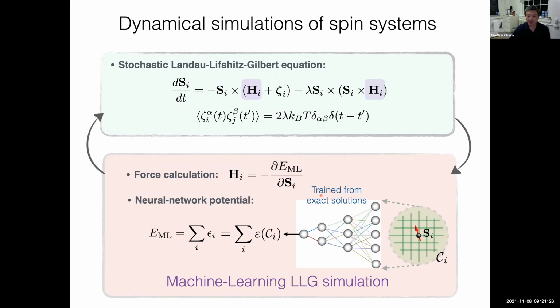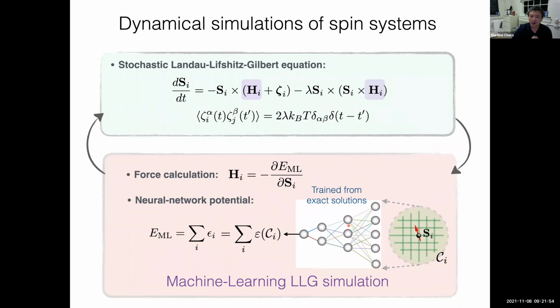And most importantly, we train the neural network using exact solutions. Then once we successfully train the neural network, the calculation of this local energy can be done very fast. So then we can use this to do large scale simulation at the same time with the accuracy of quantum calculations, mainly because the neural network is trained from the exact solutions.